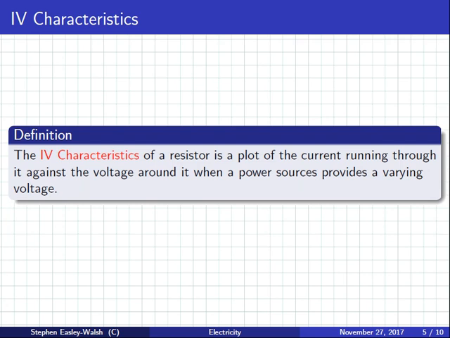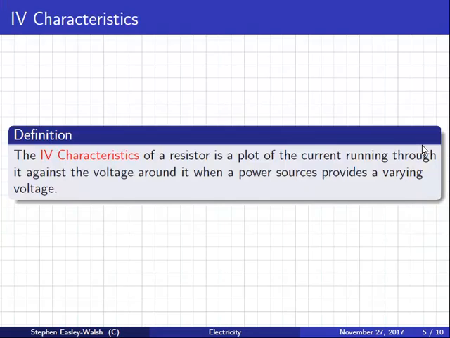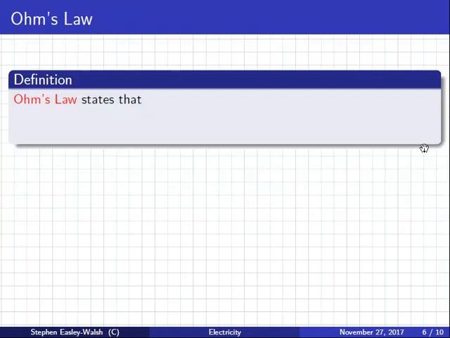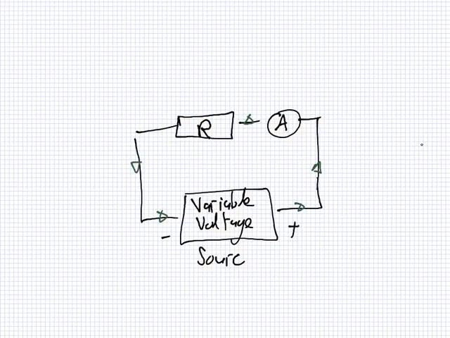So, you notice that this graph looks like a straight line. And in fact, that's a law. Now, before I continue, this slide comes with a warning.